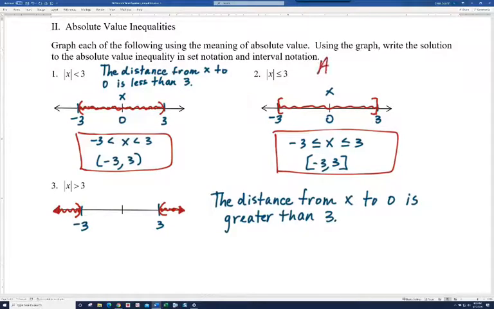I call this, for that reason, the and case, where you have everything in between two numbers. What we have here is what I'd call the or case, where you have everything outside of two numbers.